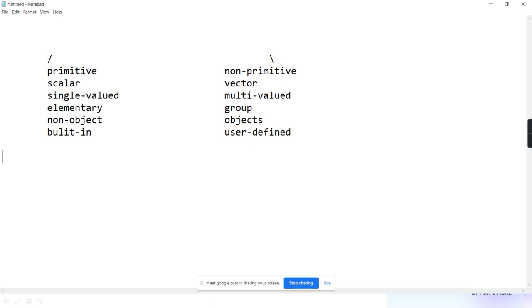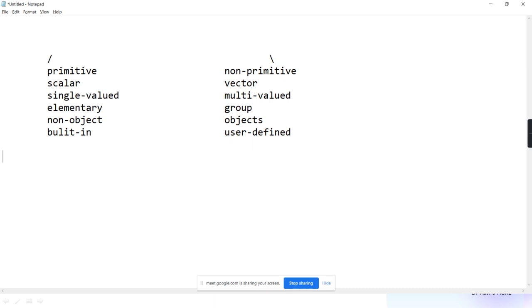Does data type indicate the legal range, and does it indicate the legal operations? Yes or no? Does every data type indicate what its legal range is? What is the minimum value? What is the maximum value? Do you agree? Yes, sir. Okay. So they indicate the legal range.